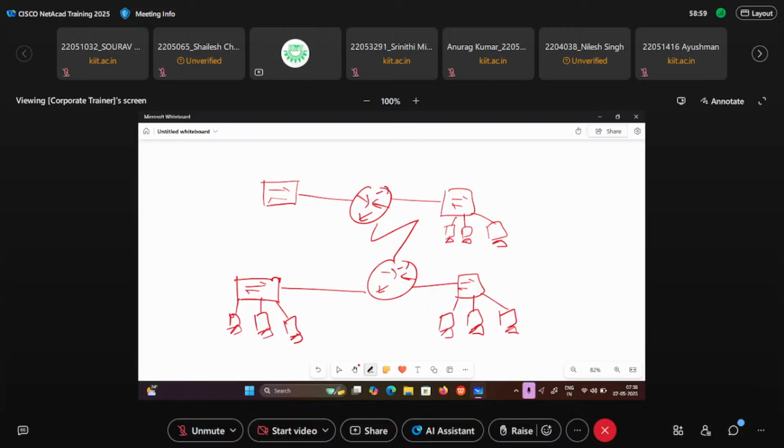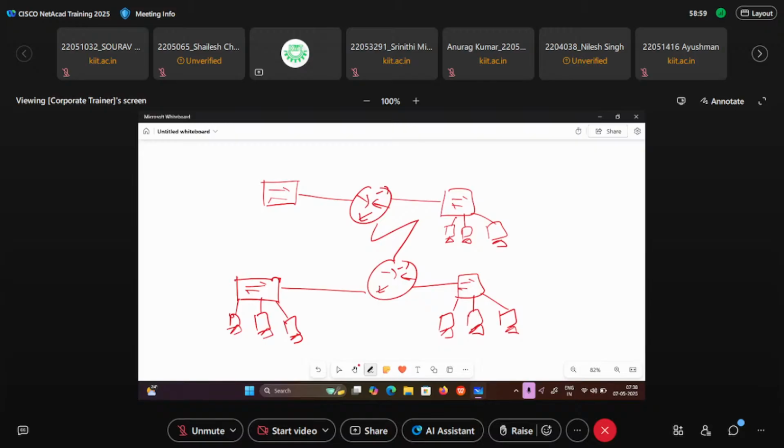Class C. Then 200.10.22.0, 200.10.23.0. One more, just write down, 200.10.24.0. So all are from class C IPs, and these are my five network IDs which I have written over there.